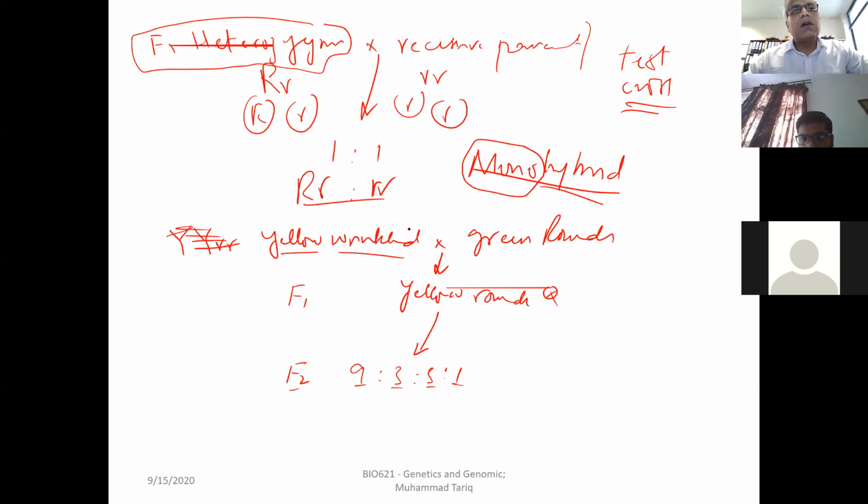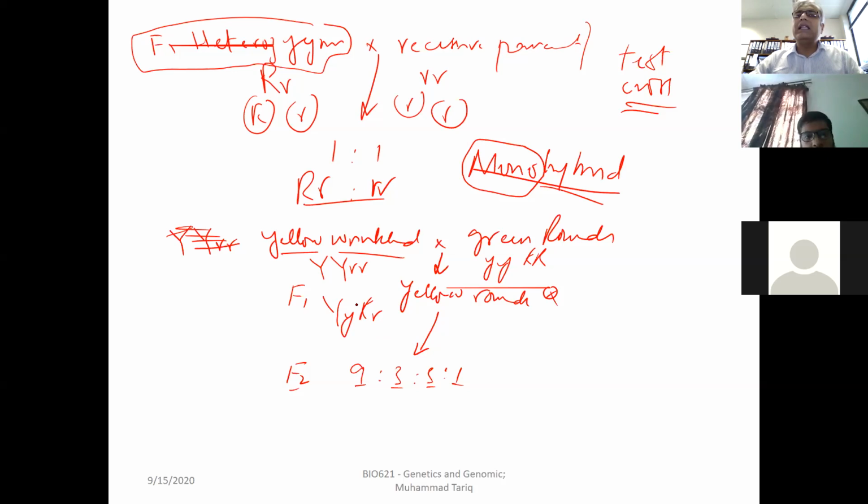Now let's add the genotypes. Yellow was, we know already, capital Y, wrinkle. Green was small y, and round was like this. You make gametes, and in F1 he received like this.